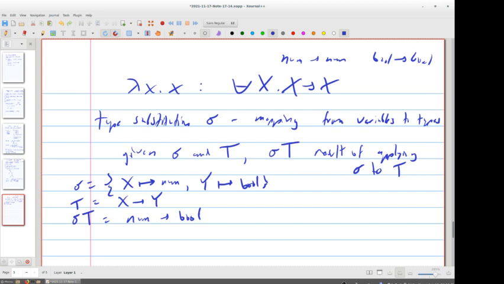Notice sigma is a mapping from variables to types, but the type variables are themselves types. They're a part of the language of types. And so a type could also be a variable. So you could also have something like sigma equals x maps to y, and then sigma applied to t here would be y arrow y. Okay, that could also happen.